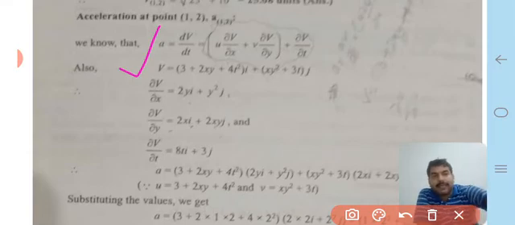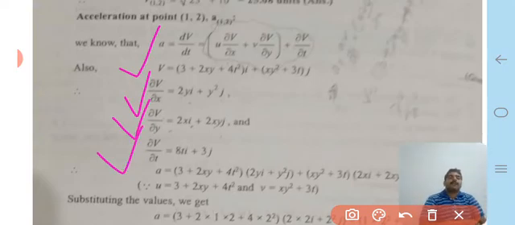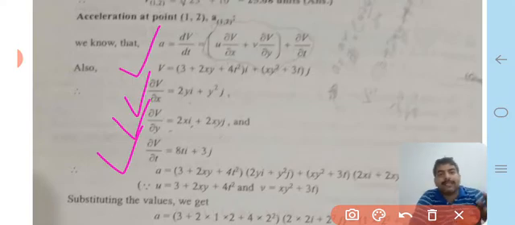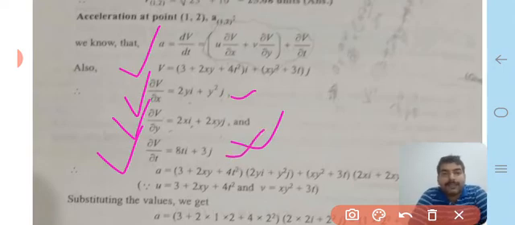We get ∂V/∂x, ∂V/∂y and ∂V/∂t, three values to calculate. Differentiating with respect to x, we get ∂V/∂x equal to 2y i plus y² j, and ∂V/∂y equal to 2x i plus 2xy j, as seen here. ∂V/∂t is also calculated: ∂V/∂t equal to 8t i plus 3 j. We see this in the slide.